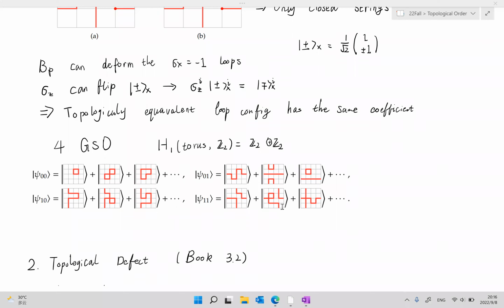Okay. So when you have space products, this can be true in the homotopy.